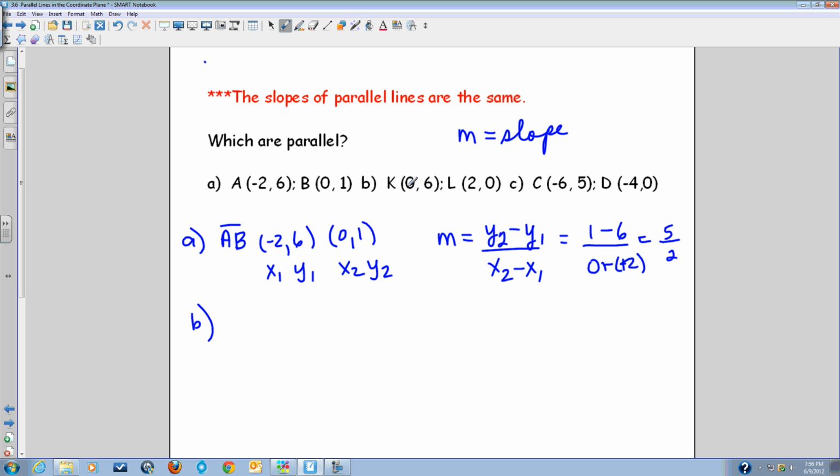Now, let's do the next one. KL is what's listed here. Point K is 0, 6. Point L is 2, 0. So we have x1, y1, and x2, y2. Again, plug our numbers into this formula for slope.